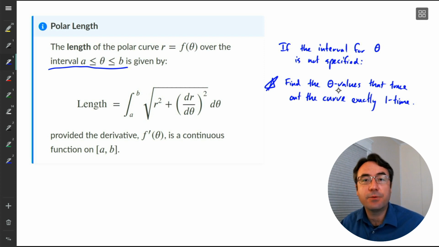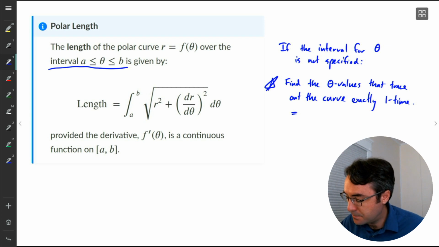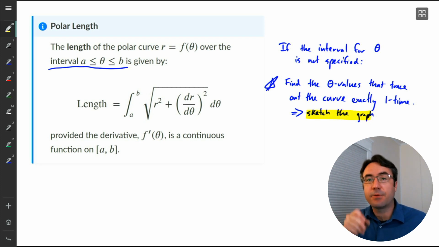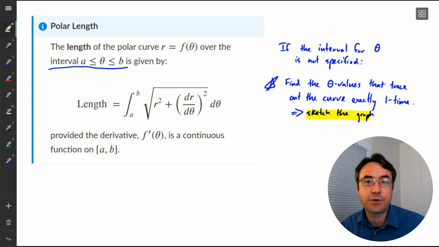And generally, how do we do this? Try to sketch the graph. Normally, that's a good way to do this, is just try to sketch the graph of the polar curve. And eventually, once you get around far enough, you'll find the theta value where you end up back where you started and you start tracing over the same curve again.